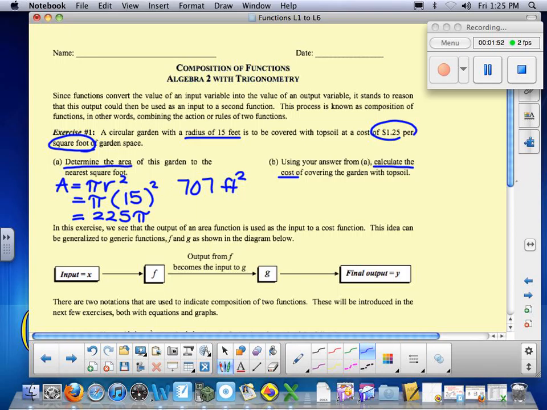The next piece is how much will that cost? How do you suppose we would calculate the cost of our soil? And this is money. Think about your answer.